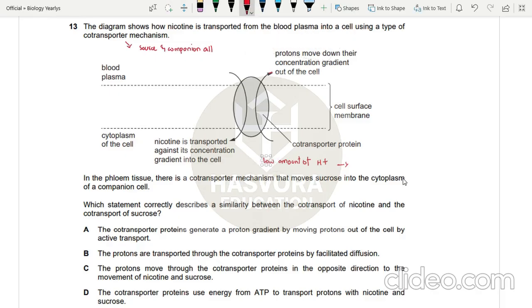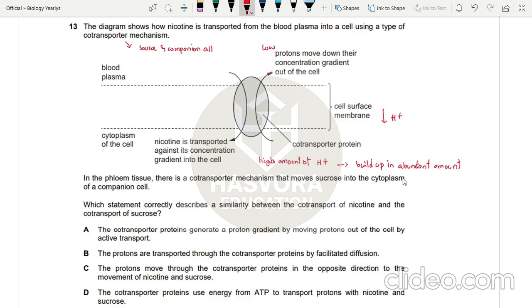Okay, so this will be in high amount here and low here, because we know that it moves from higher to lower concentration gradient. For example, the H plus ions will first move here, and when they build up in an abundant amount, then they will move down the concentration gradient out of the cell.